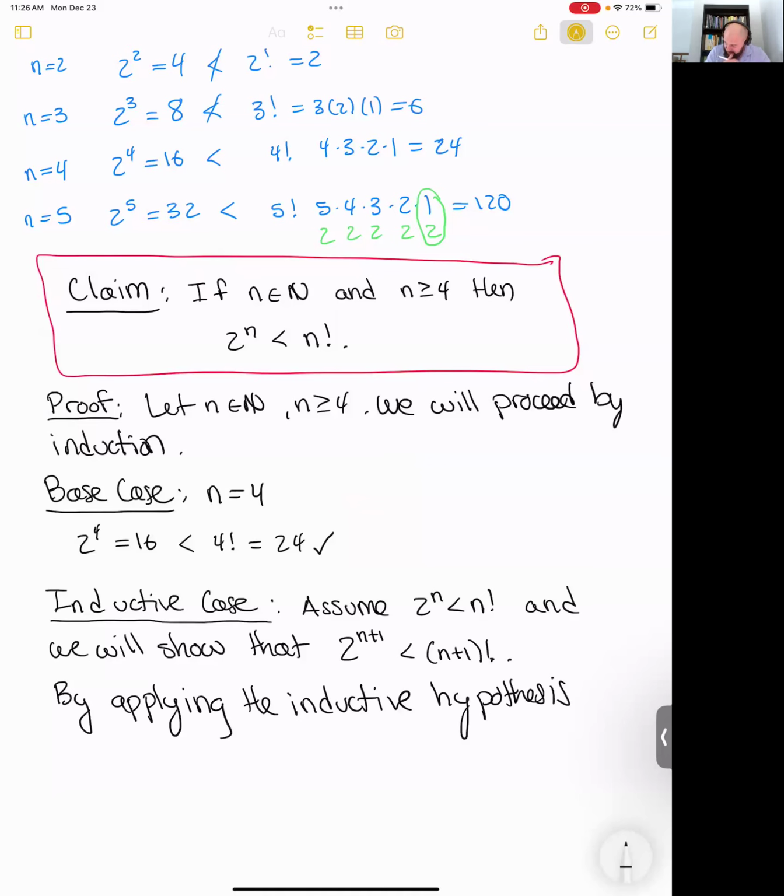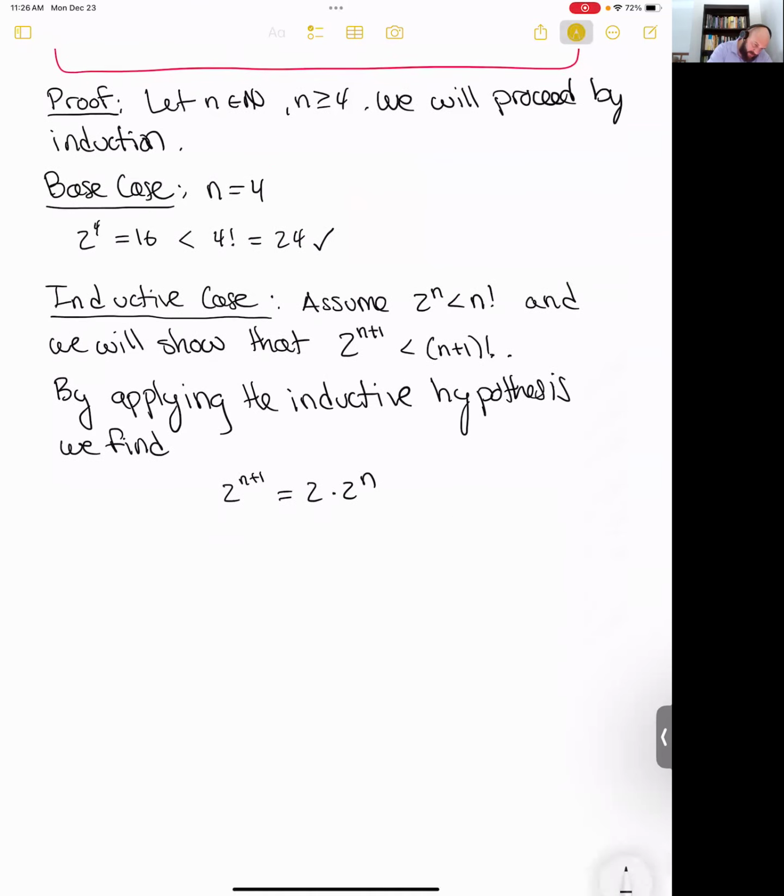So by applying the inductive hypothesis, we can do the following. We can start with 2 to the n plus 1 and say, oh, well, that's just 2 times 2 to the n, right? That's not the inductive hypothesis, that's just algebra. But now we see the inductive hypothesis because we see the 2 to the n. So that's less than 2 times n factorial.